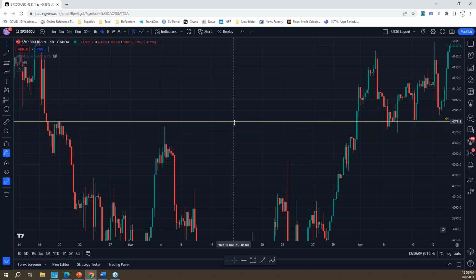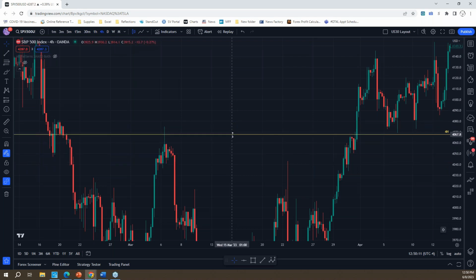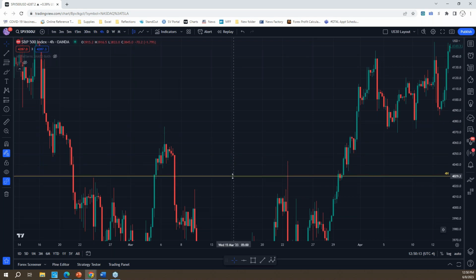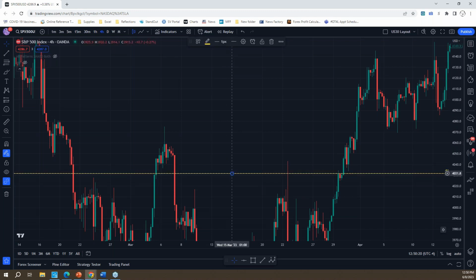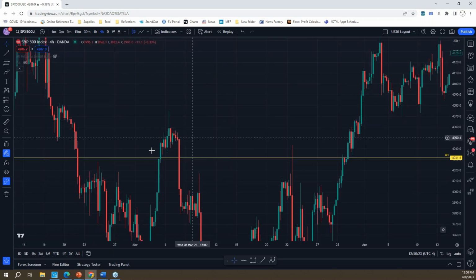I'm gonna keep it down here, because I think it's really important to see that there is such a thing as a fake out. This is it right here. You got a break, but the candle after it, even though it closed above this line, was in the wrong direction, right? And so that's where we have this fake out occurring.